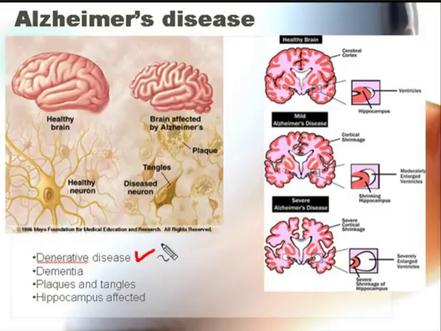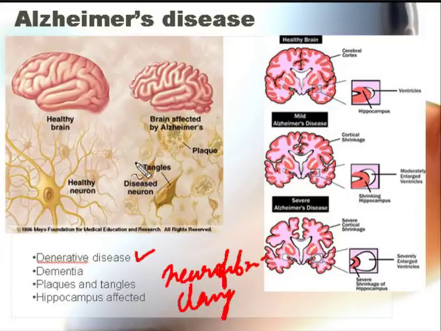One of the things seen in this is neurofibrillary tangles. These that you're seeing up here are neurofibrillary tangles, where you have an increased amount of what are known as beta amyloid proteins.